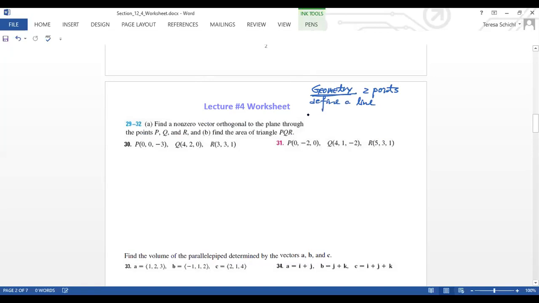And also in geometry, we know three points define a plane here.